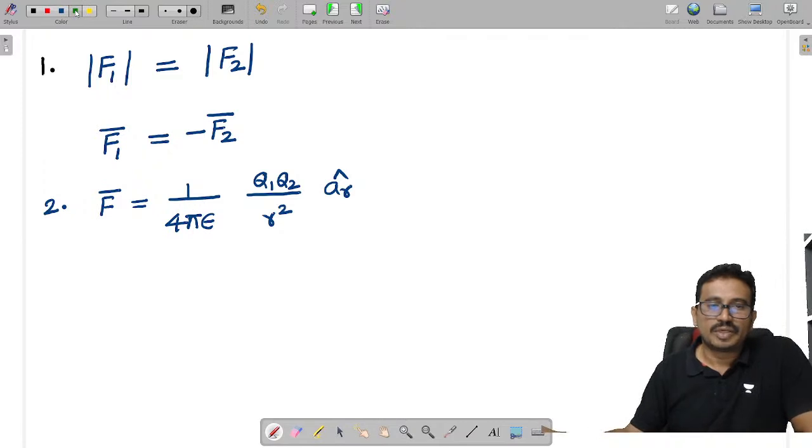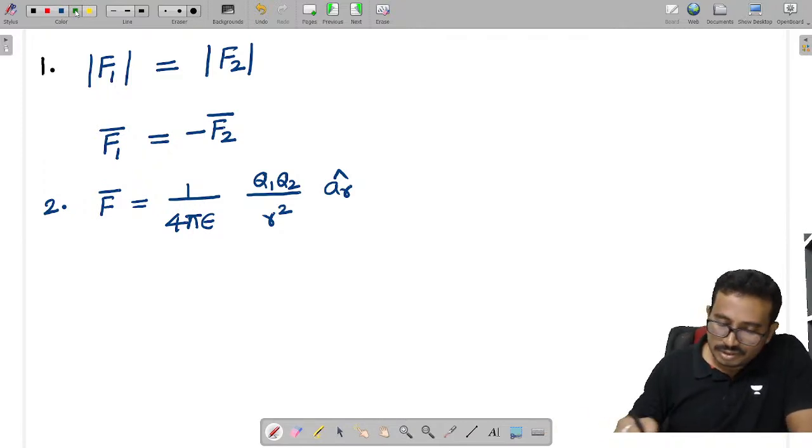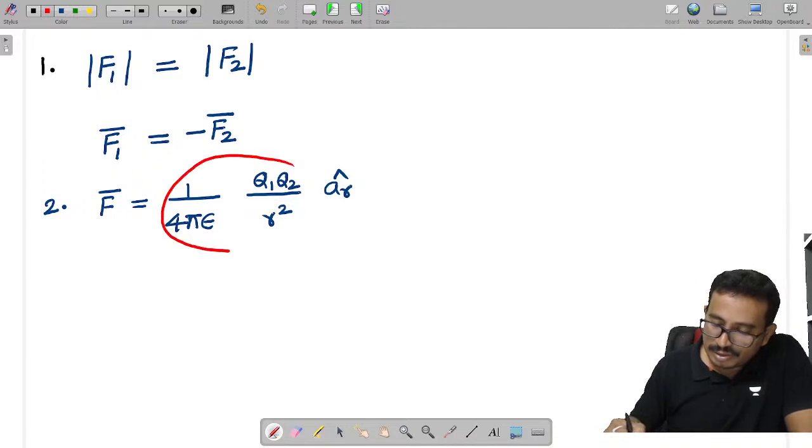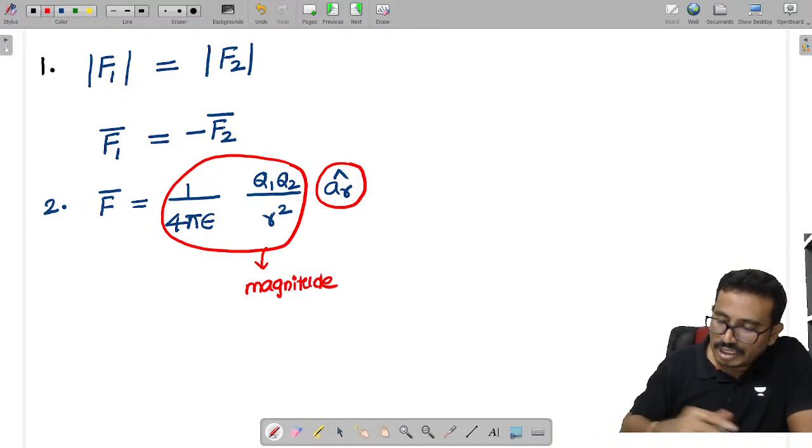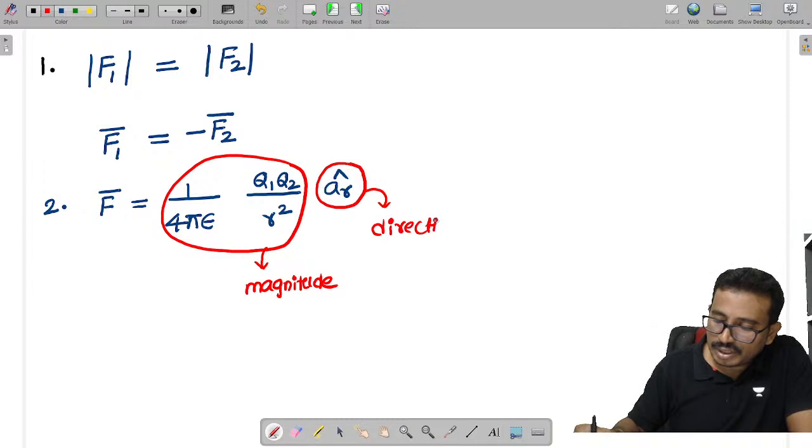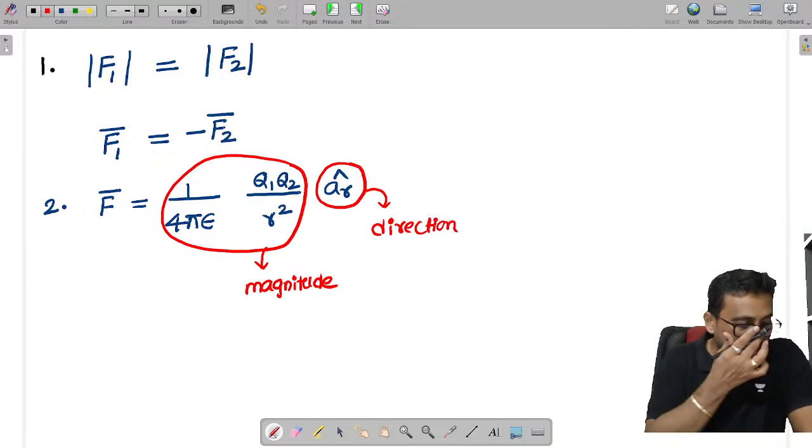So we discussed just now that this term will give us the magnitude of the force, and this term will give us the direction of the force. If I want the magnitude, I use only this term. If I want the direction, I will go for this term. Right? Next.